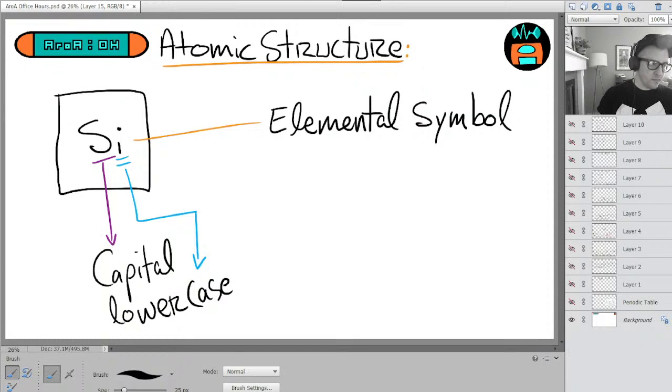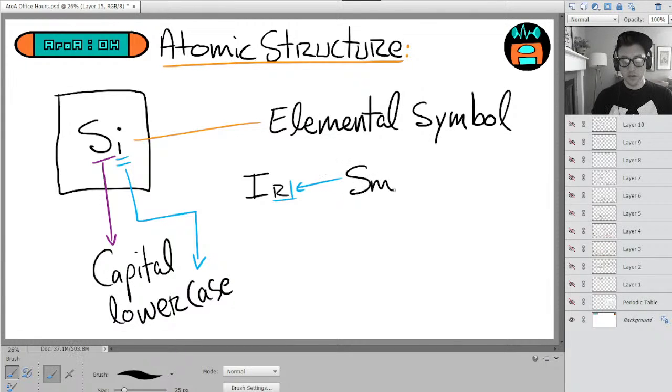Now, as we move through the course, you're going to see me write elemental symbols. For example, if I write out iridium, the elemental symbol for iridium is Ir. You'll notice that I technically didn't write the lowercase letter for r. This is a capital R. But what's critical here is it is smaller.